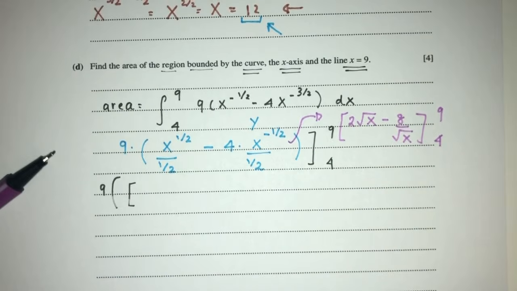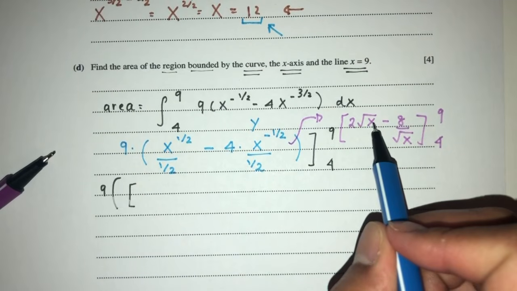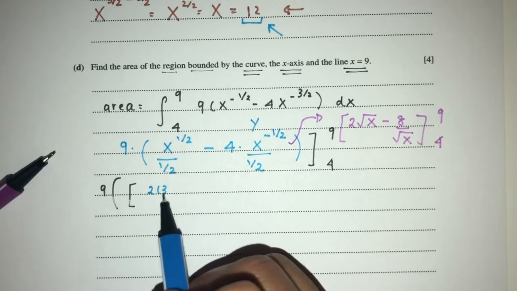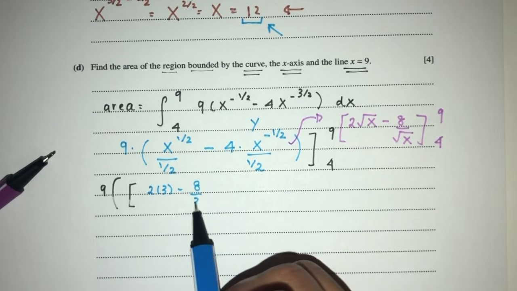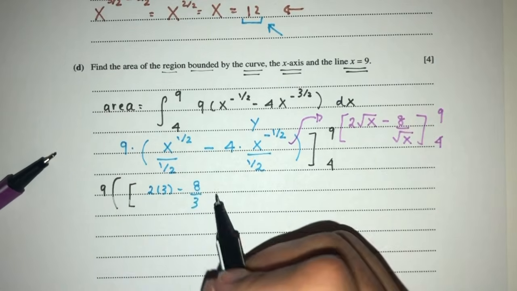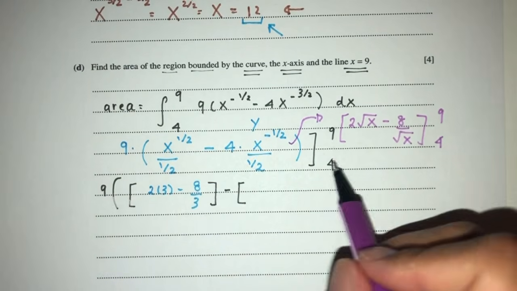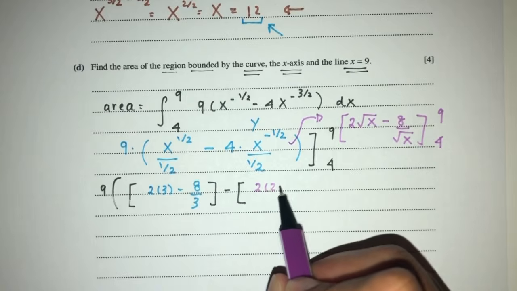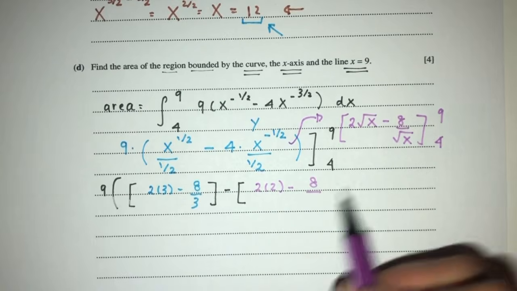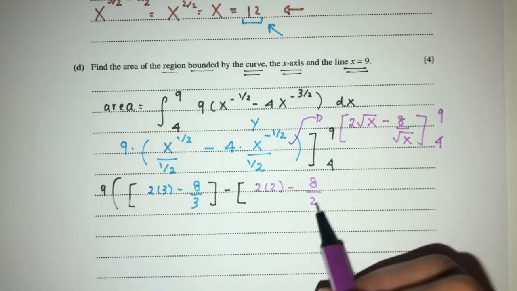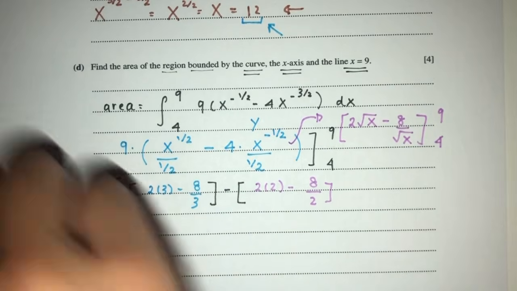So replace, let's see what happens. 2 root of 9 will be 2 times 3 minus 8 over 3, minus, now for 4 it will be 2 times 2 minus 8 over the value of root of 4, which is 2.